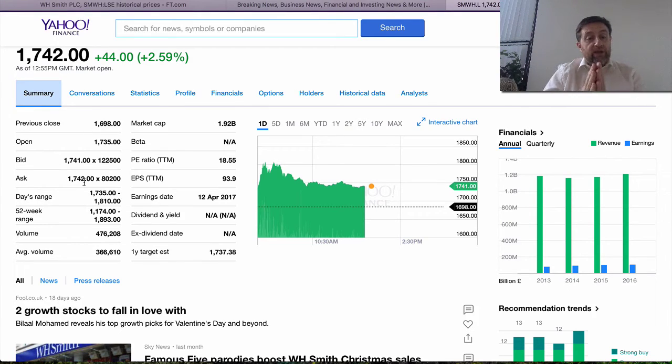So you can see there's a spread here of 0.01, or 1 pence, on this equity. The spread is 17.42 minus 17.41. The range of prices they've gone between is 17.35 and £18.10.